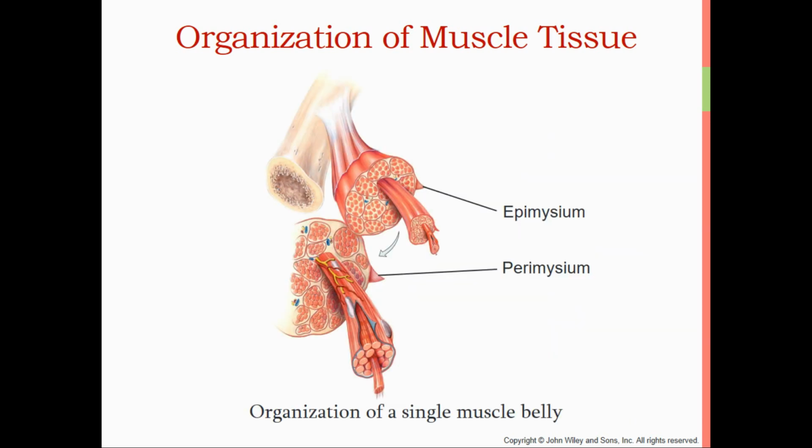All right, so here's a muscle that has been cut so that we can see inside. So the epimysium is on that. Remember, epi means upon. That's the layer on the outside. You can see it here. Right there, it's been cut and pulled away. It will surround all of this part of the muscle.